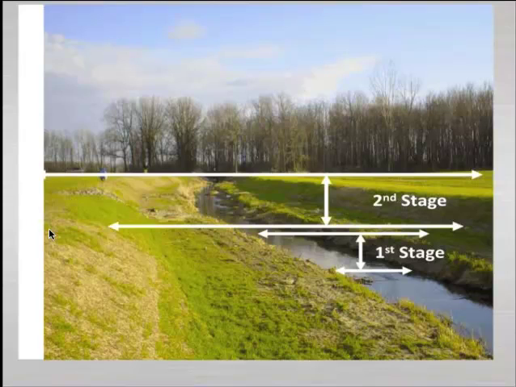If you can get this higher towards 5 times the channel width, that's better. More natural systems would often have 10 times or more. But we understand that people don't want to give up this ground up here. So there's kind of some minimum recommendations, which would be about 3 times the bankfull width for that second stage at a minimum. If you wanted to contain larger flows within that second stage, you could build it larger, and that's an option. But that's essentially the 2-stage channel design.